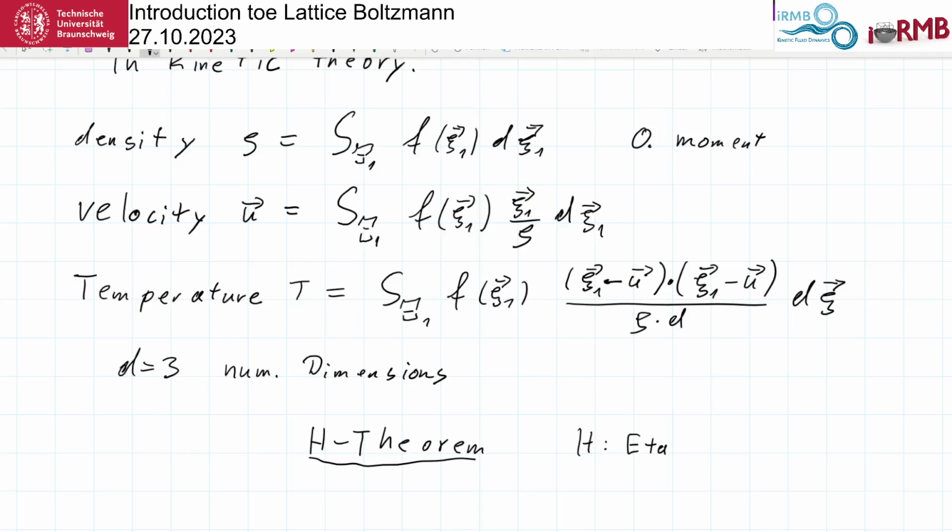It already starts to be confusing with the fact that the letter looks like an H, but is a capital eta. So it's called the eta theorem, and some people call it the H-Theorem because they don't know better.